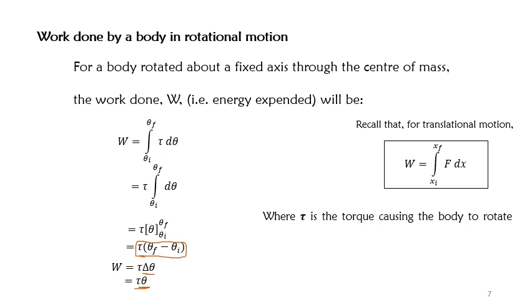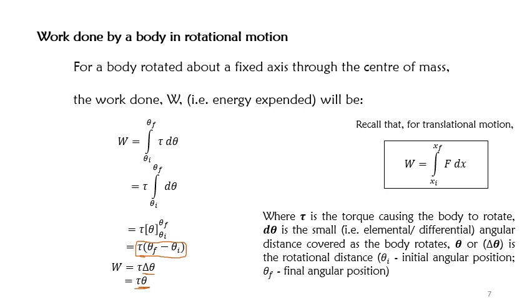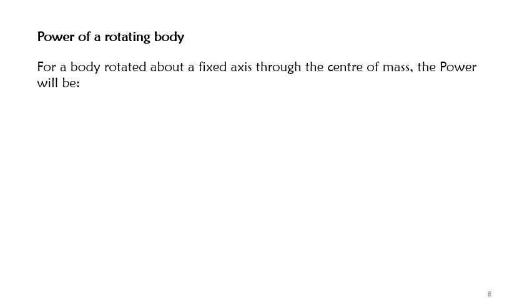Those are what each parameter stands for: the torque and the change in angular displacement. You can now also obtain the power of a rotating body, which is also very relatable. You can obtain it from what you have for translational motion, or directly from the work done by the rotating body.